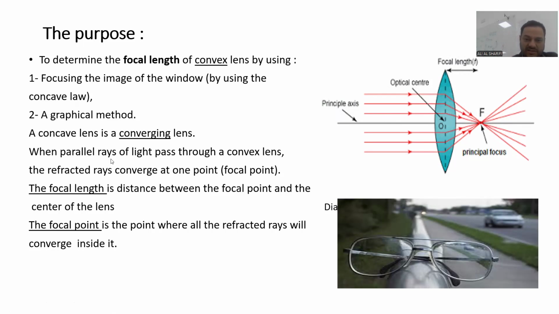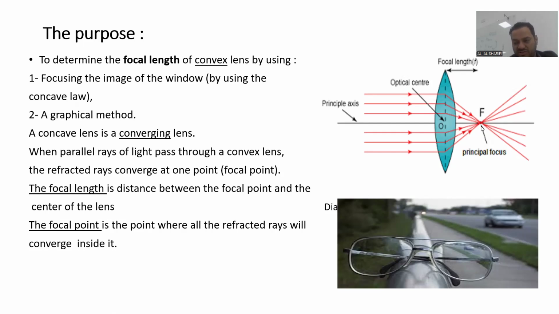Here, it's clear. All of these are parallel light rays. After going through this convex lens, all of these parallel rays are refracted to converge at this point. This point is the focal point.